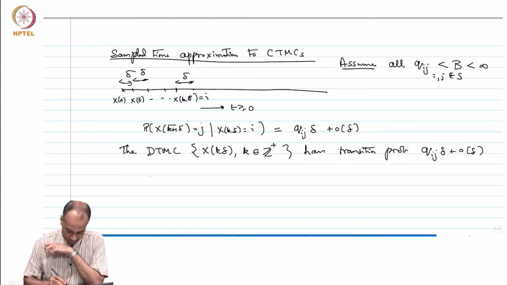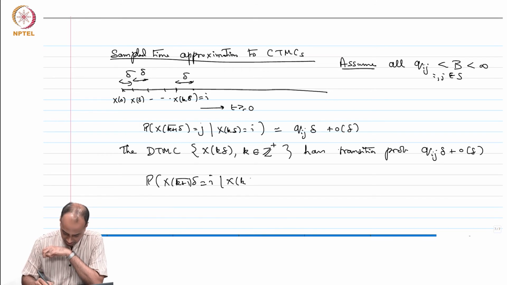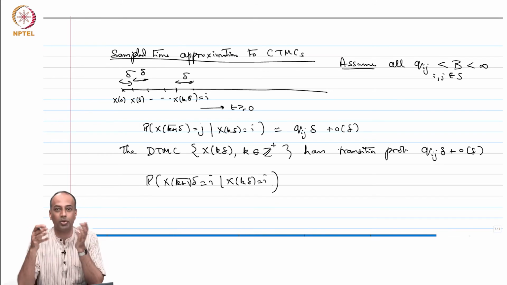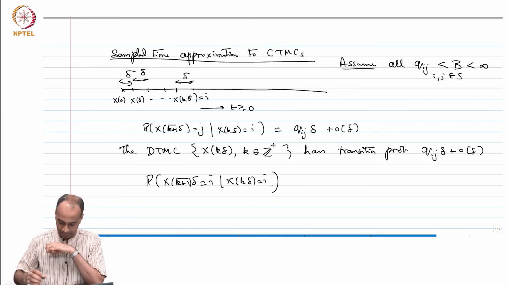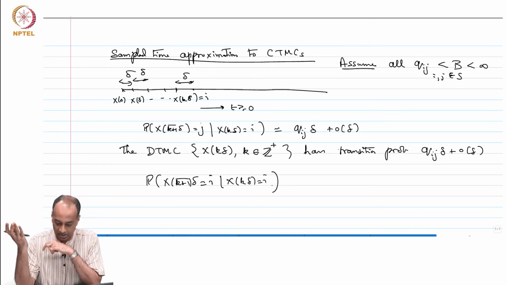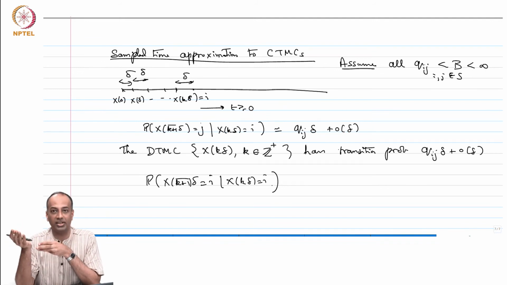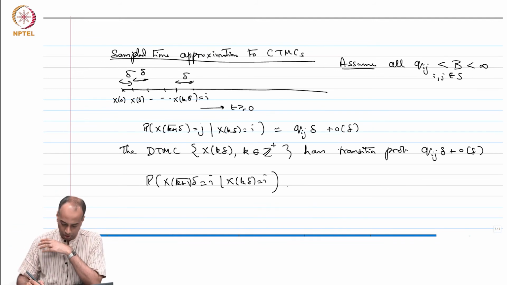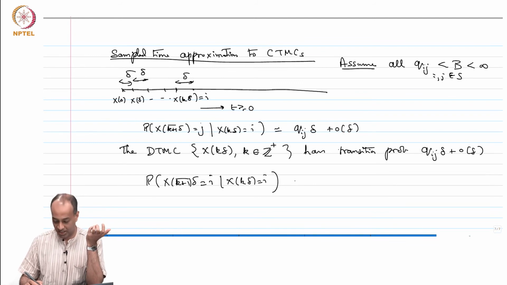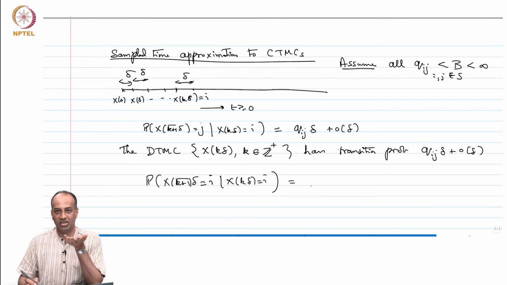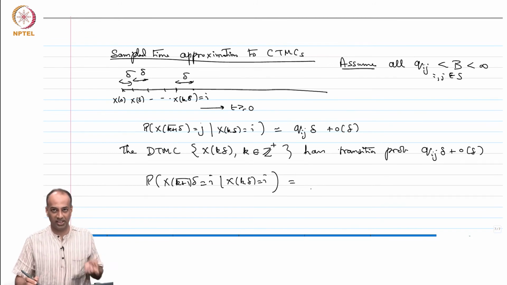Now, what is the probability, and similarly, you can say what is the probability that X((k+1) delta) equals i given X(k delta) equals i? That is the probability that you are in the same state, right. You go to some other state with probability Qij times delta plus little o(delta), and the probability of not going to any of the other states will simply be the probability that none of these competing exponentials actually successfully fired in that little delta interval.